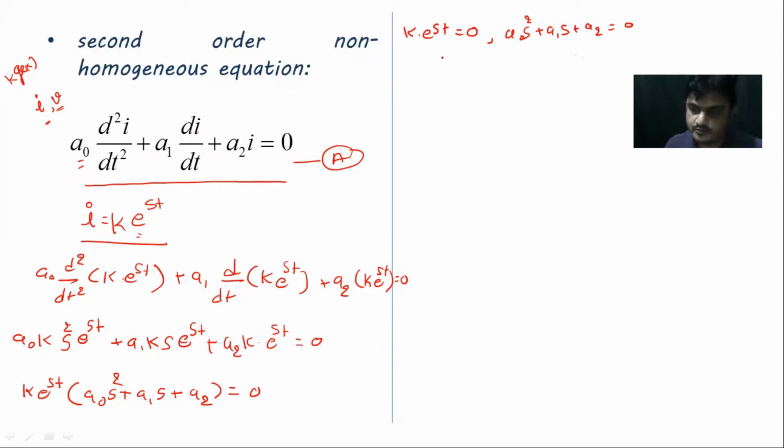Now two possibilities could exist, but I can say that the first could not be equal to 0. The reason is that this is my solution, and for a finite value of time this never turns out to be 0. So it means that now I have only one possibility, that is a0 s square plus a1 s plus a2 is equal to 0.